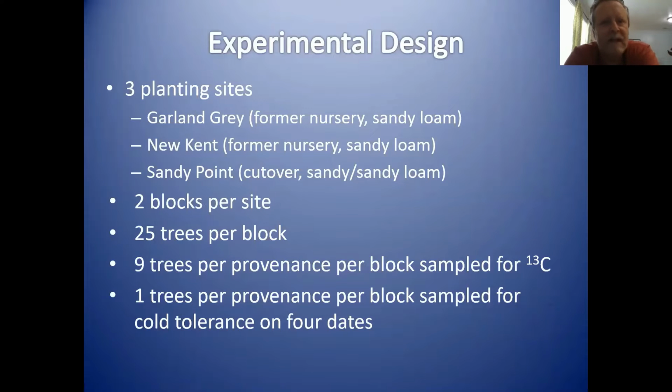The design: it was planted on 3 sites up near the Richmond area, 2 blocks per site, 25 trees per block. 9 trees per provenance per block were sampled for carbon isotope discrimination, and then a much smaller sample, 1 tree per provenance per block, was sampled for cold tolerance on 4 dates.